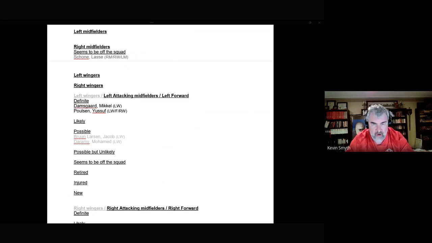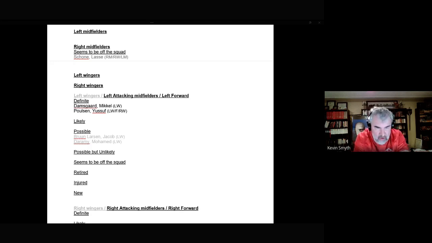He got a goal on a fabulous free kick from 30 yards out, and that was against England, at the 30-minute mark. And Mikael Damsgaard, we consider, despite his youth, a definite candidate for this squad.